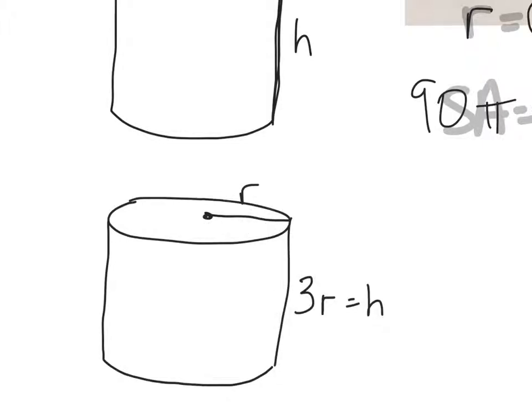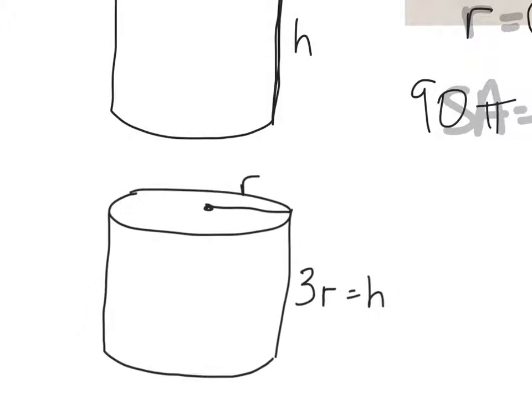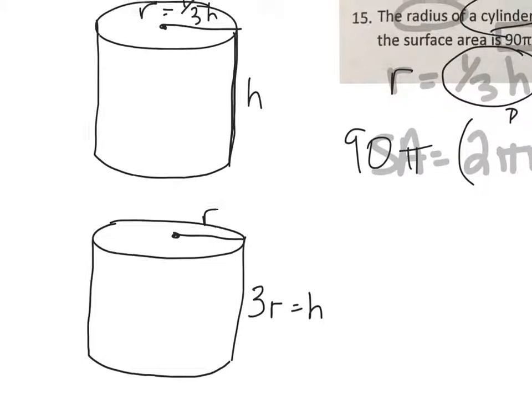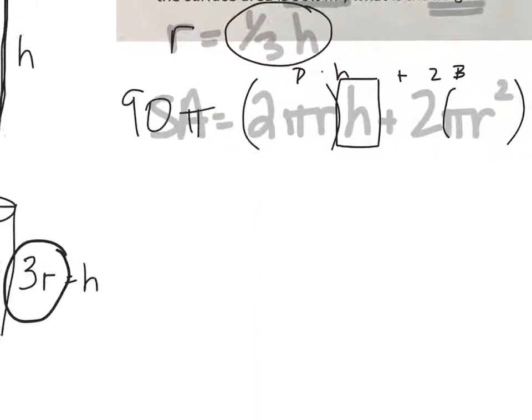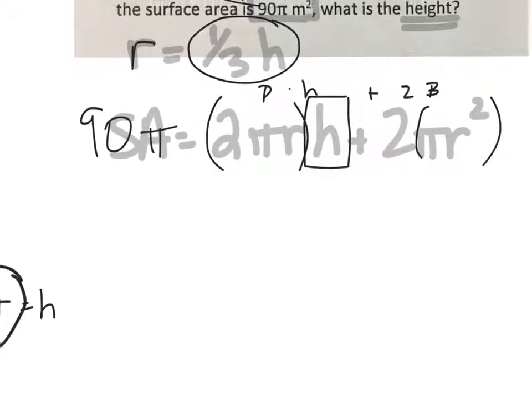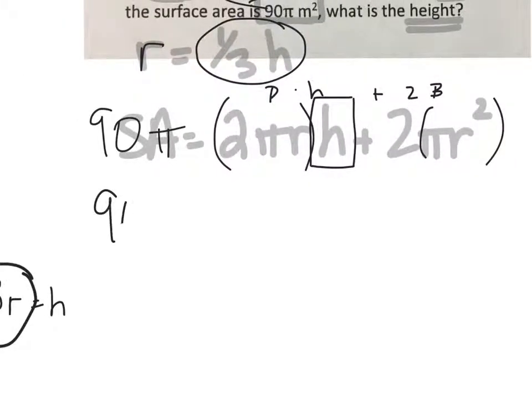So you can always choose, it's your work, to do whatever substitution you want. You can replace r with 1/3 h in two places, or we could replace h with 3r. Now to me, replacing h with 3r seems a lot easier.